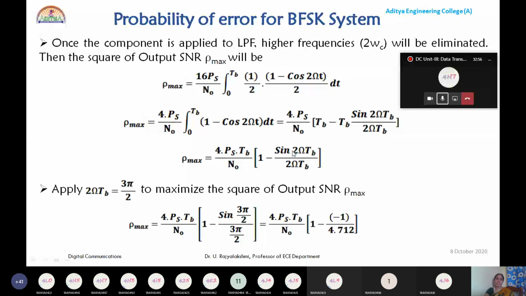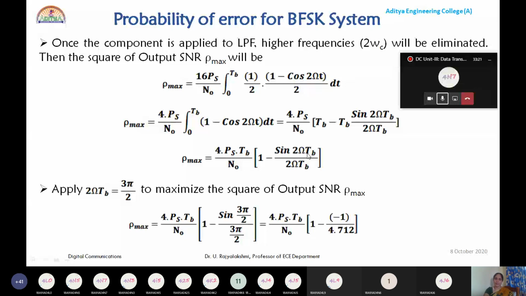You can apply different values, 2 omega TB as pi by 2, or 2 omega TB as 0. In order to maximize within a certain limit, you can consider 2 omega TB as 3 pi by 2.